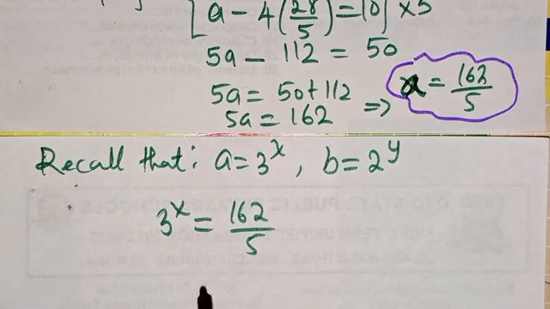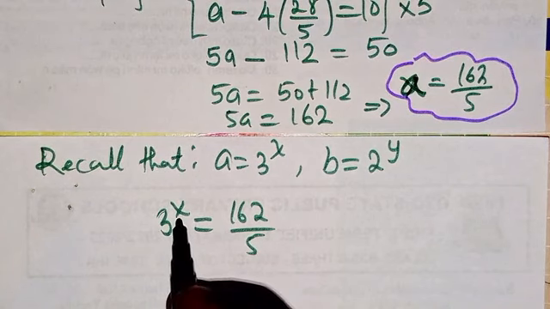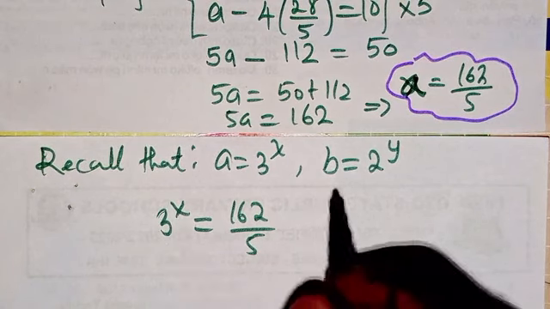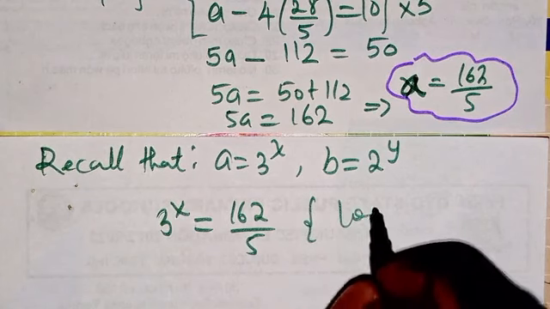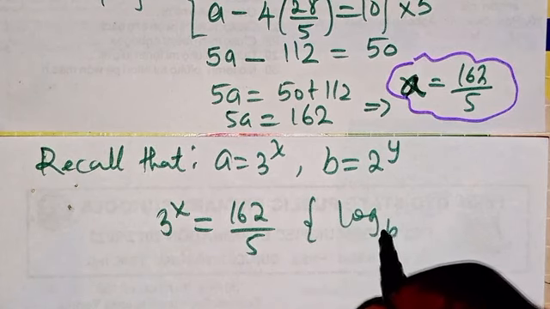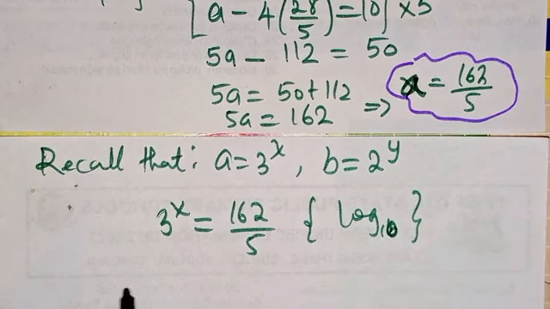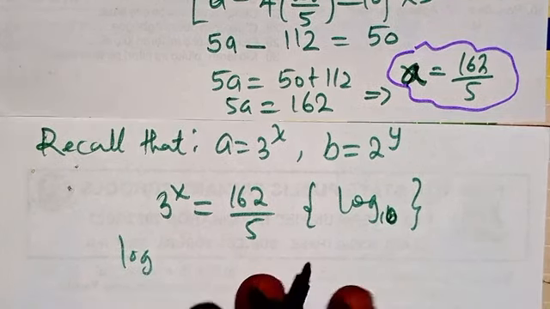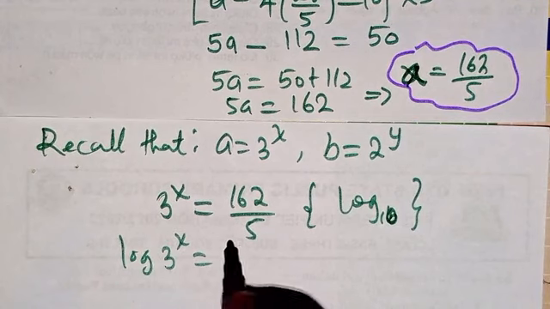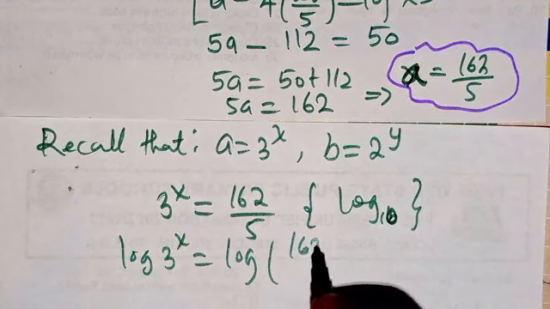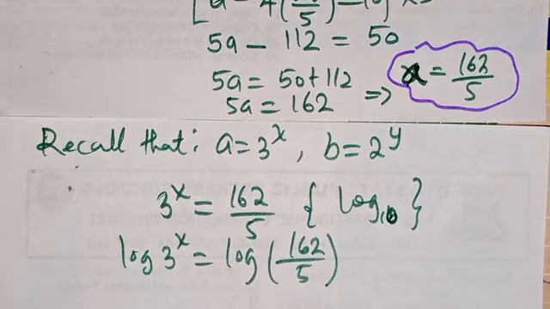Now, to bring this x down, we're going to introduce log with respect to base 10. So this is going to be log 3 to the power x equals log 162 over 5, right?